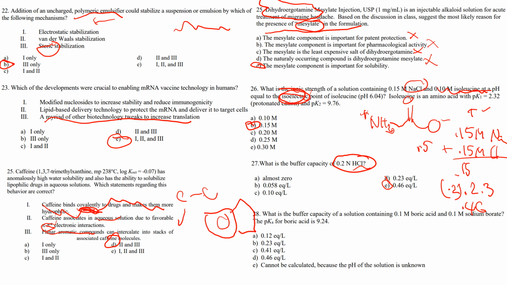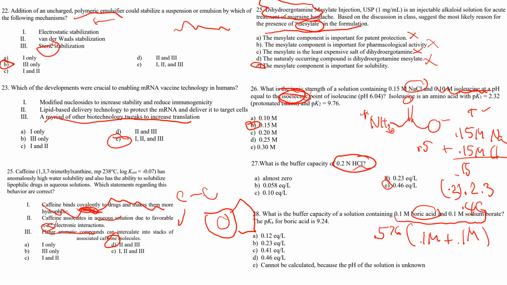And then finally for this last problem, this uses the other buffer equation. Since this is a weak acid, weak base combo, what we need to do is add their concentrations. So we have our boric acid is 0.1 molar plus our sodium borate is another 0.1 molar. And then we multiply this, instead of by that 2.3, by 0.576, I think it is, or maybe it's 6.7. I might have it backwards. I'm not looking at the equation sheet.